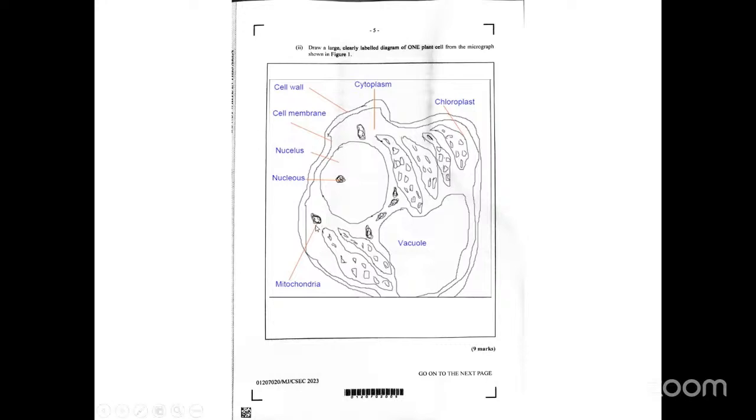You have your mitochondria. Somebody can tell me the function of the mitochondria again? Who can explain the function of the mitochondria? It's the powerhouse of the cell. Yes, the powerhouse of the cell. And what do we mean by powerhouse of the cell? That's a common term here.